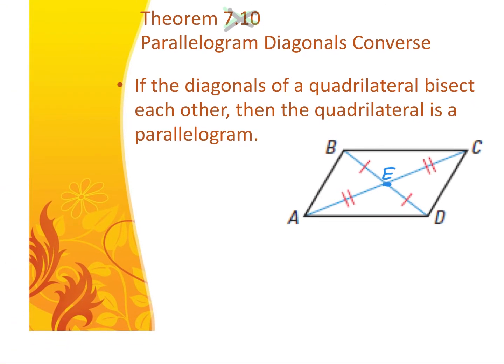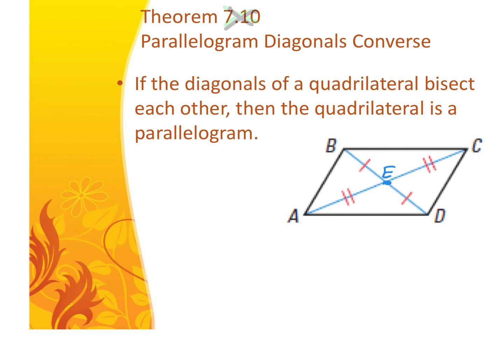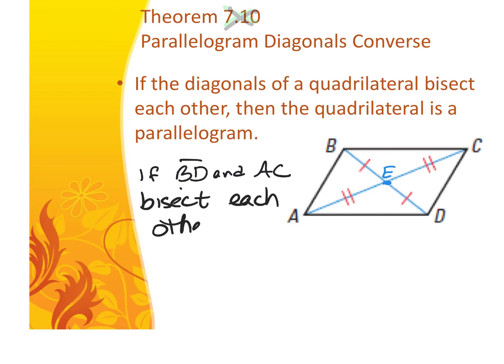So in words, I can make two statements about this. I could either state that if BD and AC bisect each other, then ABCD is a parallelogram.